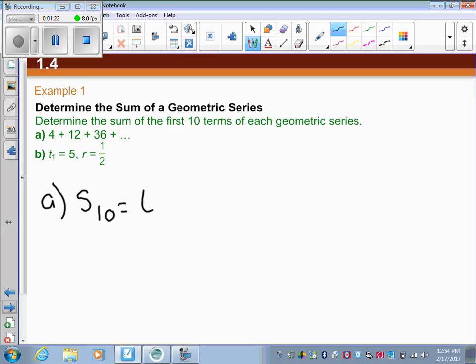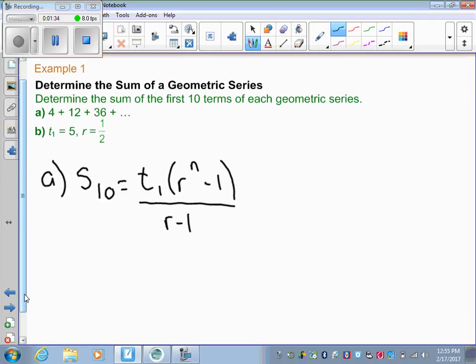So we put the formula down, T1 times r to the power of n minus 1, all divided by r minus 1. Okay, so substitute what we know. The T1 is 4. Now to get r, remember how you get r? You find out the ratio here. So it's 12 divided by 4 is 3, which is my r.